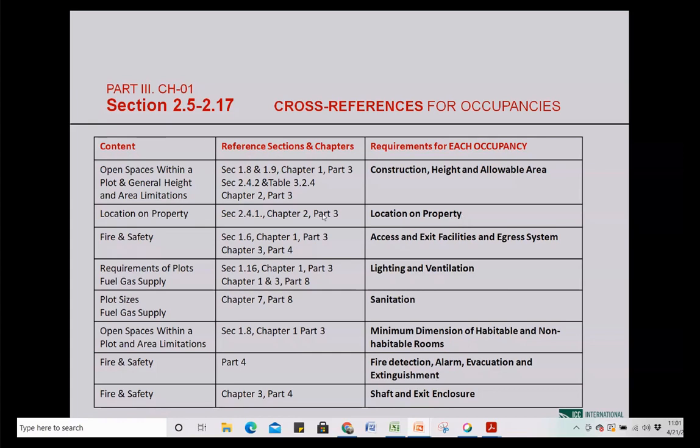Same is for location of property, but for fire exit, we have to visit a different part, part 4. It deals with fire and safety. For lighting, ventilation, and sanitation, we will visit part 8, specifically chapter 7 of part 8, which deals with fuel and gas supply. And then again, there are some requirements from part 3, chapter 1, that deal with plot requirements or plot sizes.